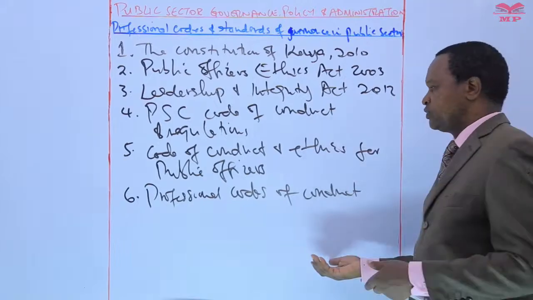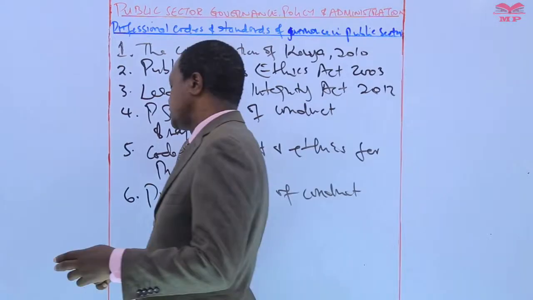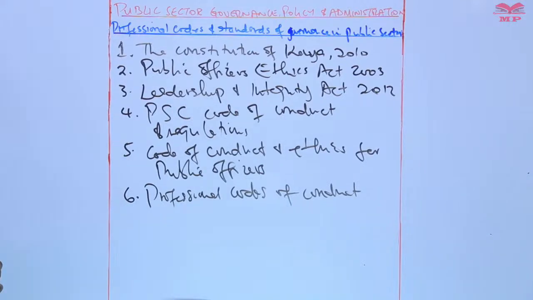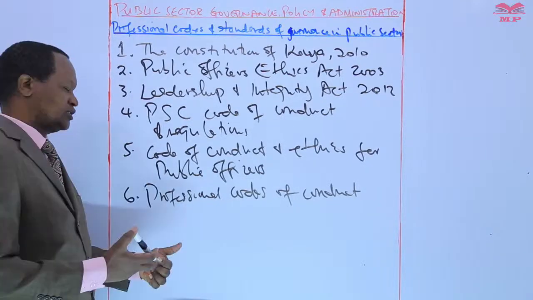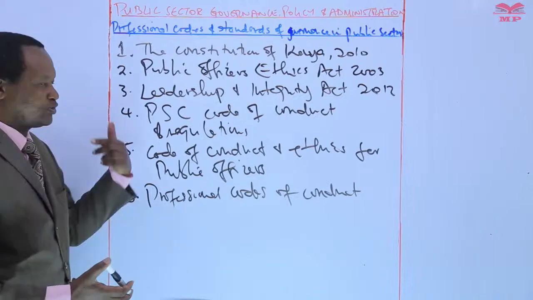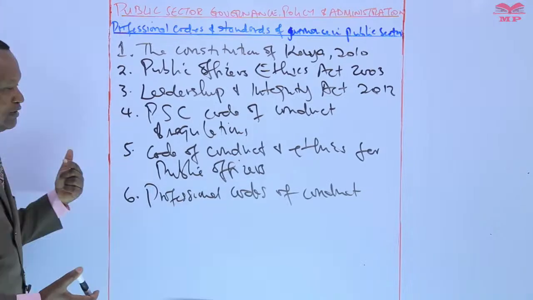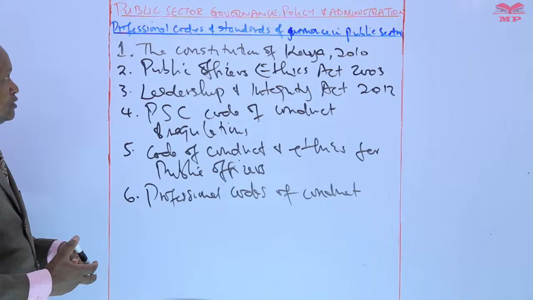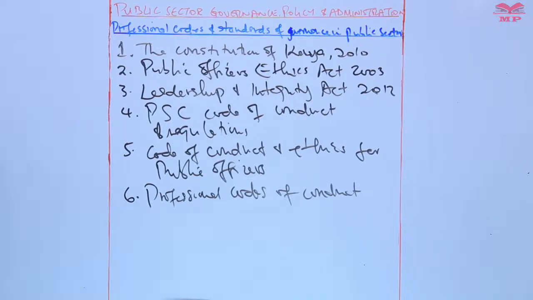Like the accountants, we have the Institute of Certified Public Accountants, which regulates the ethical conduct and behavior of all accountants, those who work in the private sector as well as those who work in the public sector. So that's all for professional codes and standards of governance in the public sector.